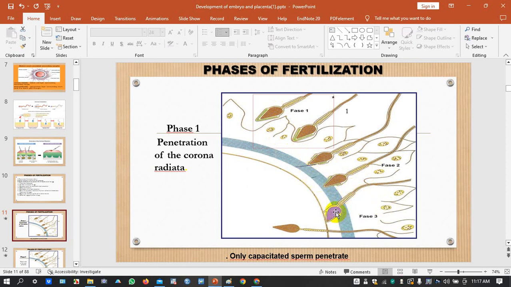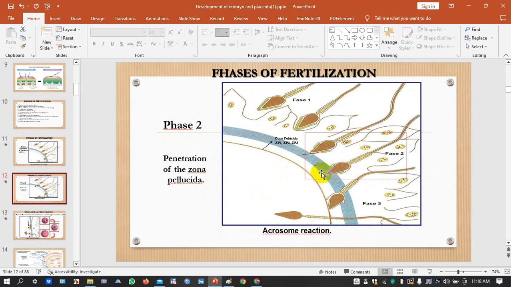Phase 3, the sperm enters the plasma membrane of the egg cell. The sperm uses its acrosome or the head to enter the plasma membrane. Now it enters the cytoplasm of the female egg.